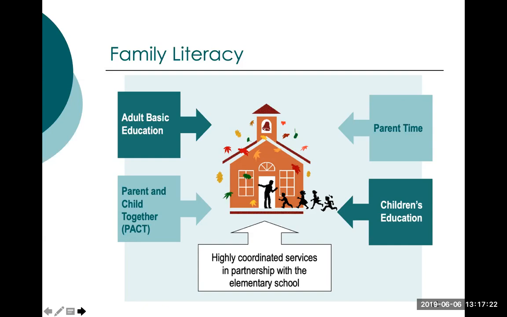In the adult ed class, parents engage in a science experiment from the children's science curriculum, learning science vocabulary as well as a scientific inquiry process. In PACT time, in this example, some parents see the same science experiment when they visit their child's class and can better understand how their children are learning. In parenting time, parents develop questions to engage in a conversation with their children at home about this common learning experience.